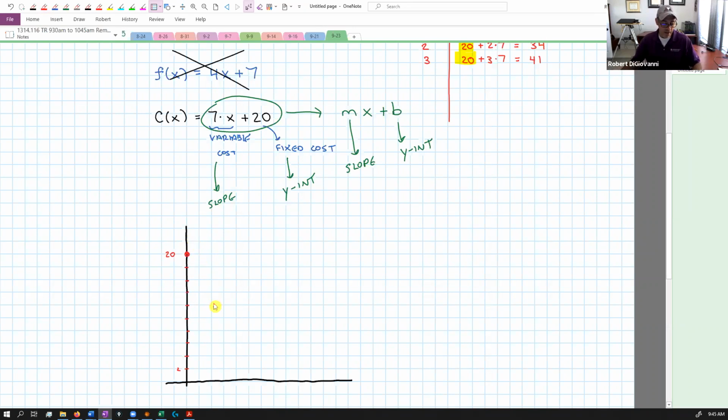And now for another point on this line, I would have to use the slope. Now the slope is 7, which I look at as 7 over 1. So my rise is 7 and my run is 1. So I'm going to go up 7, to the right 1.